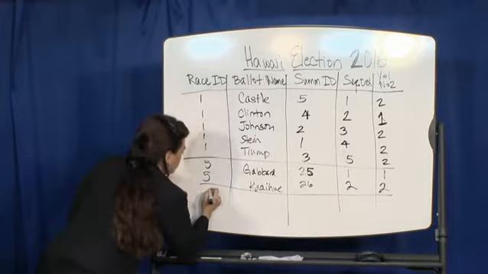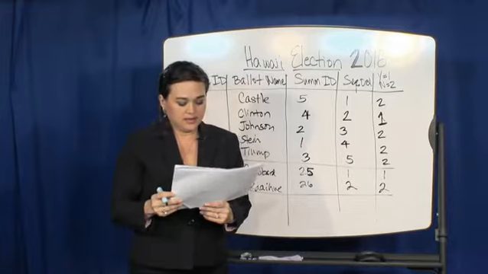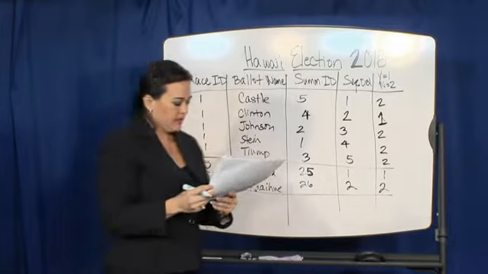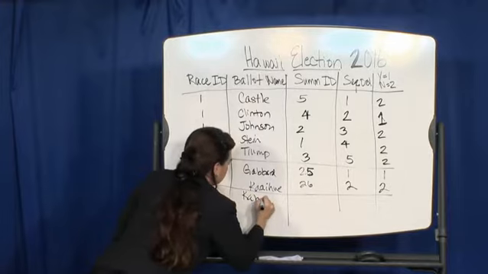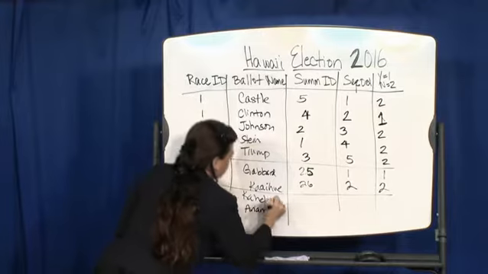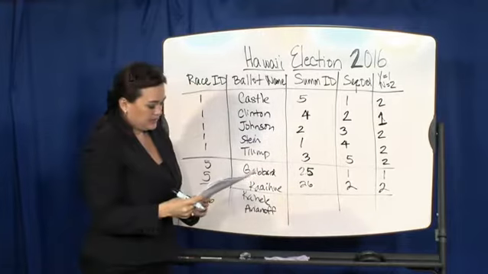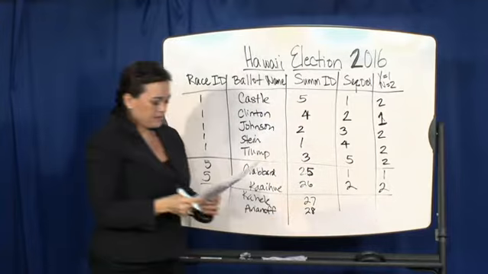Number 6. Race 6. Who is this? This is Kaaihue and Arianoff. Summary ID would be 27, 28.